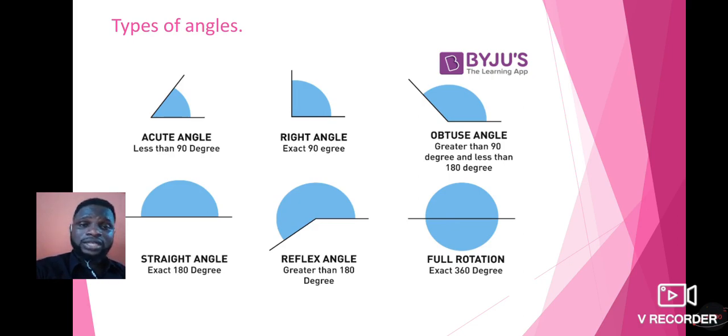We have the straight angle, which is also angle on a straight line. That's exactly 180 degrees. Reflex angle is greater than 180 degrees, but it is less than 360. So we have the full rotation. We call it angle at a point. So it is exactly 360 degrees.